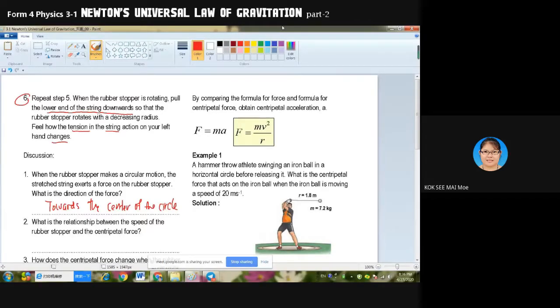But now I hold it and I go to swing, you find it is faster. Unless I never provide any force. Now the force must come out because I need to overcome the 200 gram. So from here you find that when you apply more force to swing the rubber stopper, it will move faster.